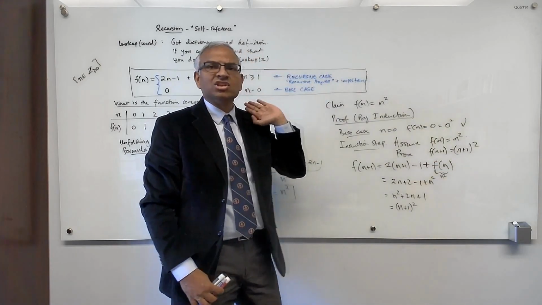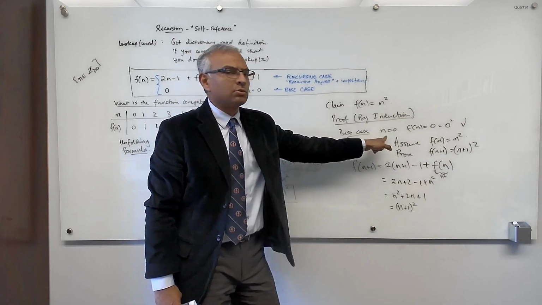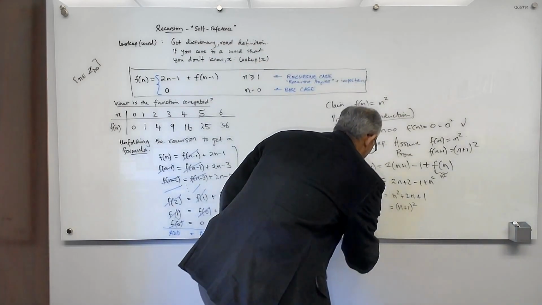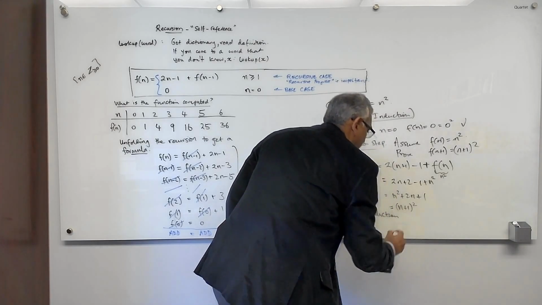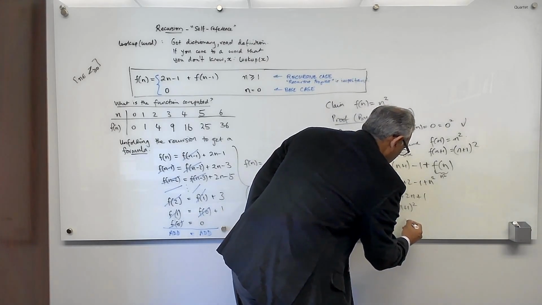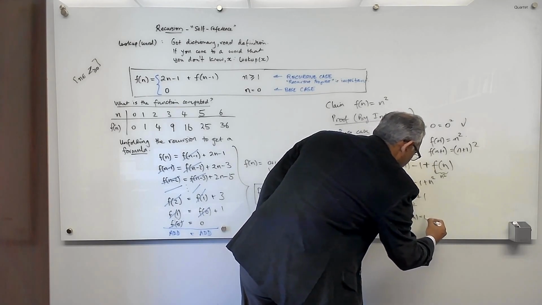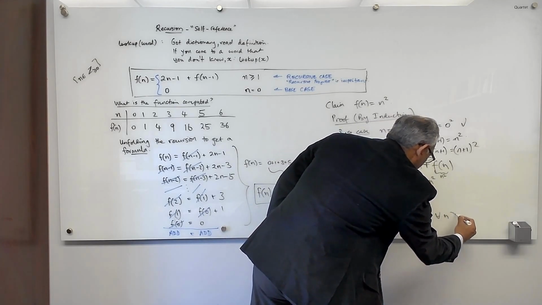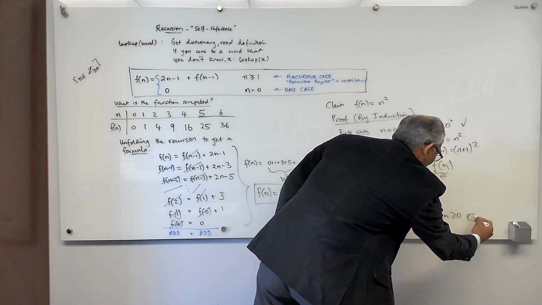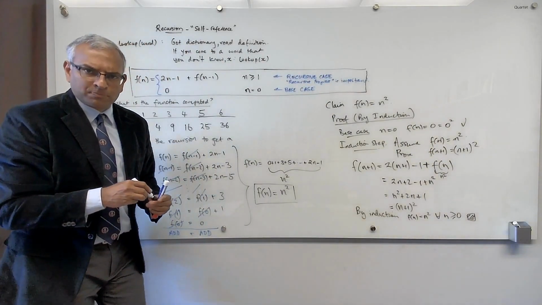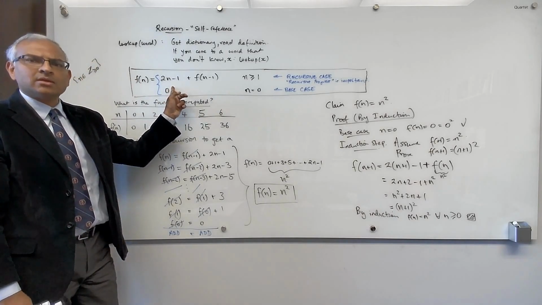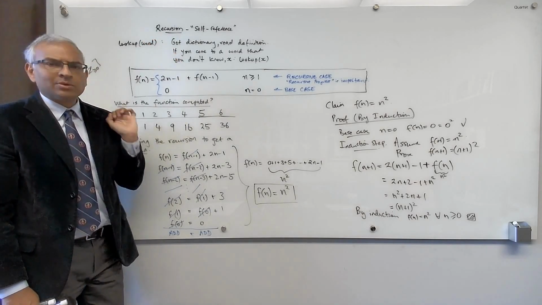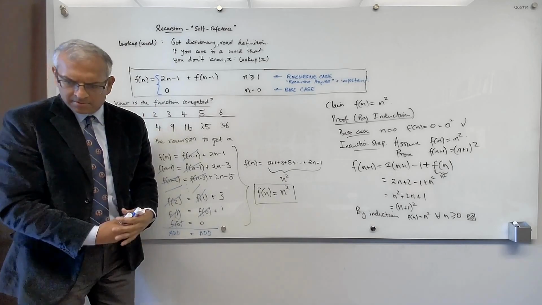So by induction, the claim is true for all n greater or equal to the base case, which is 0. So f of n equals n squared for all n greater or equal to 0. End of proof. That is a hardcore proof. You can take it to the bank that this recursion computes n squared for all n greater or equal to 0.